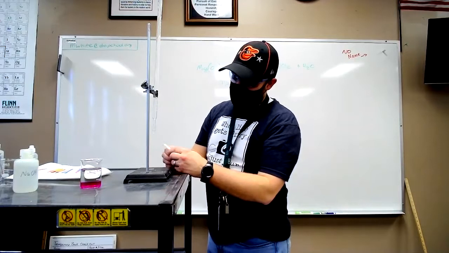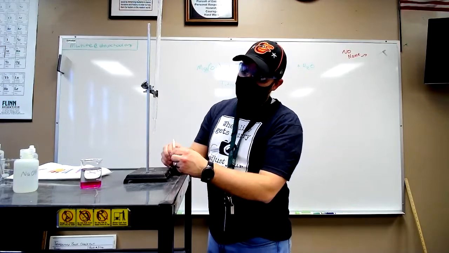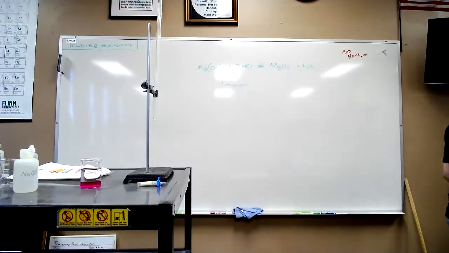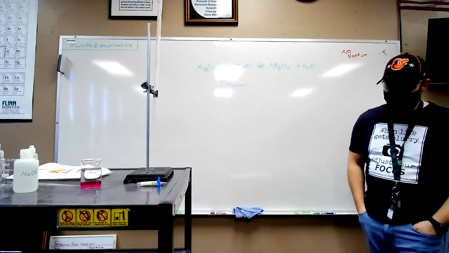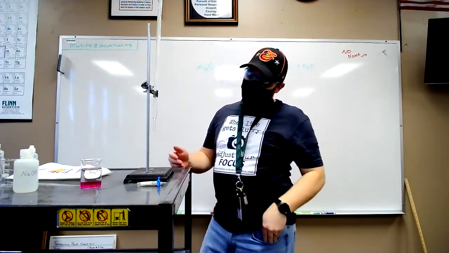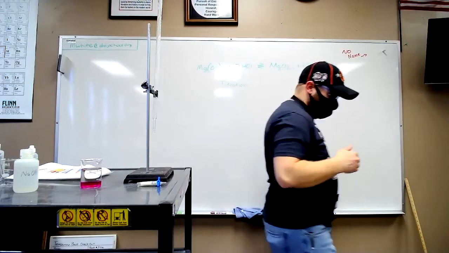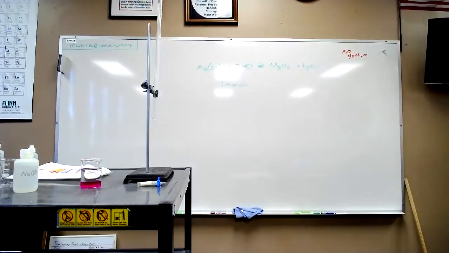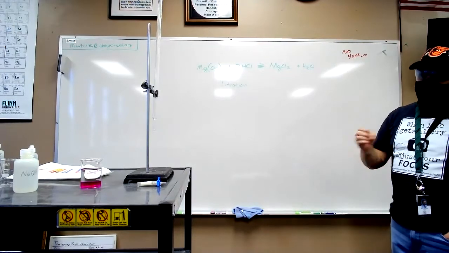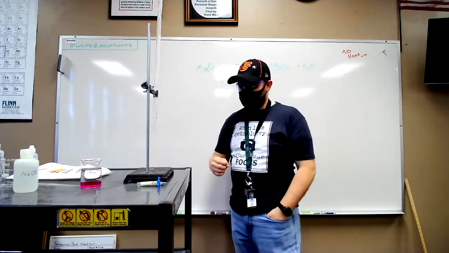It takes a little bit of practice, but you can actually get this where you can add 1 drop at a time. 1 drop at a time is the best practice at the end, because it's going to give you the most accurate volume. Because you can just keep adding and adding and adding, and it's going to stay pink. Really, you want to know right where it's going to go pink and stay pink, and nothing else, because that's your endpoint. You don't want to go past your endpoint.